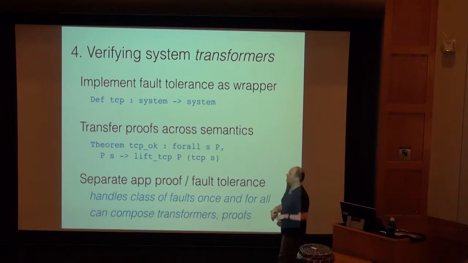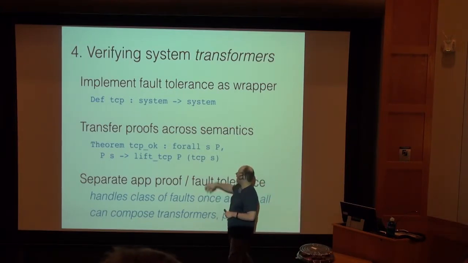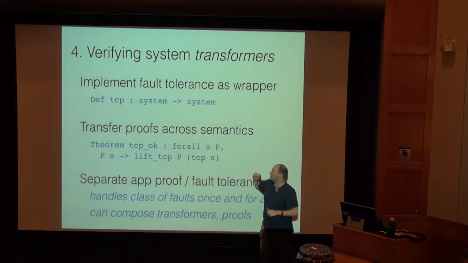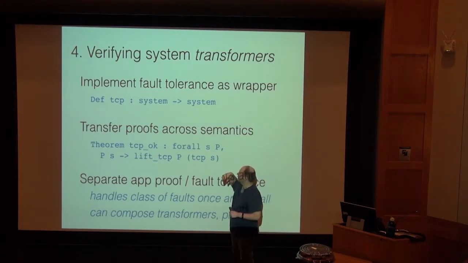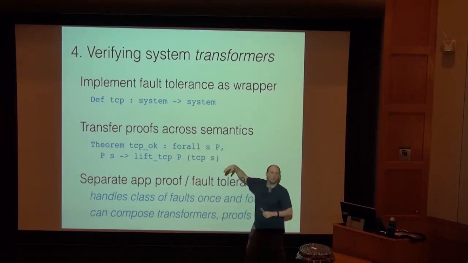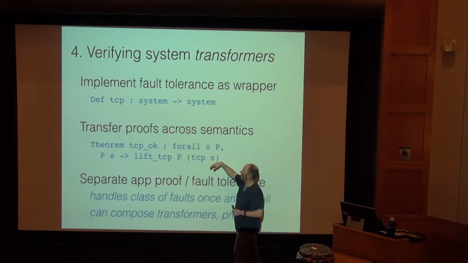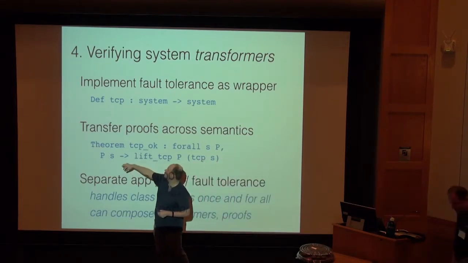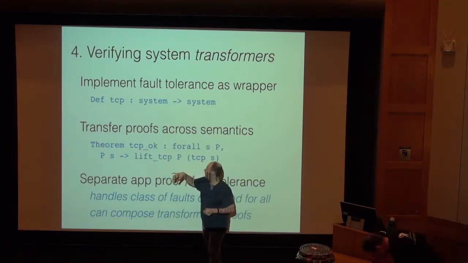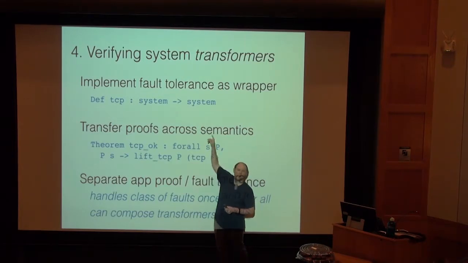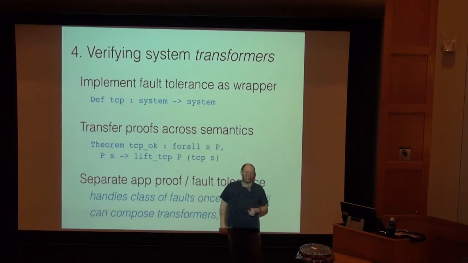And then we're going to prove a theorem, right? And this is a higher order specification. I'm going to say, okay, well, for any state of the system, any world, and any property, if that property was true for the original system, it's also going to be true in this more adversarial semantics after I apply the transformer.